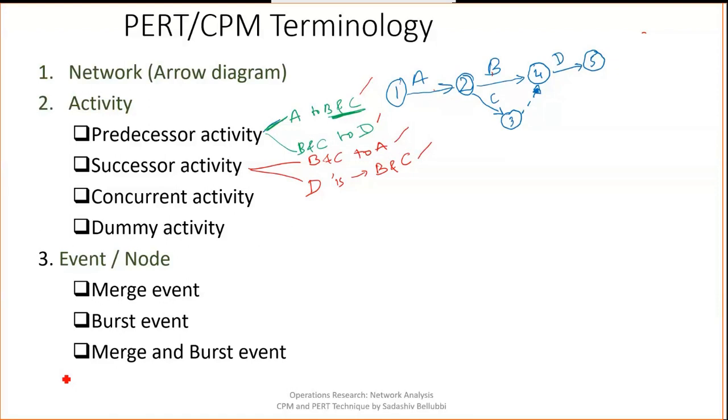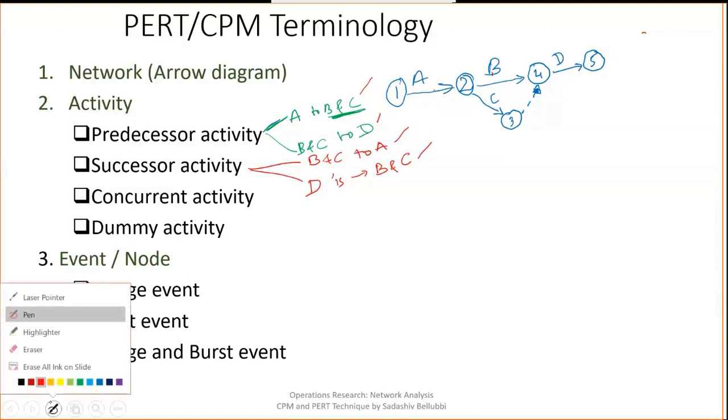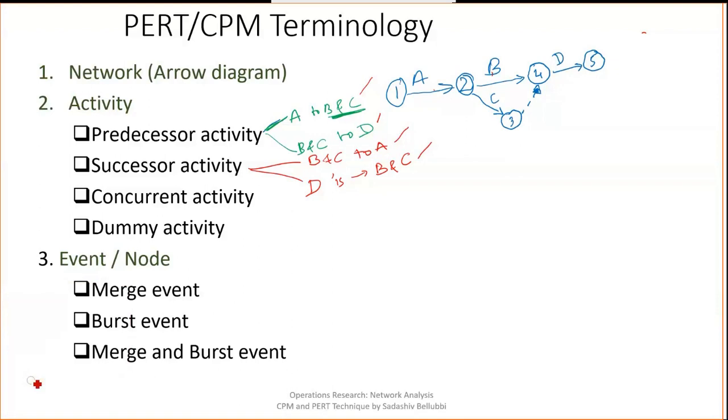Activities which can be accomplished concurrently, at the same time or simultaneously. In the given diagram, B and C are the concurrent activities because B and C are started at the same point. The finishing is different, but B and C are started at the same time. That's why they are concurrent activities.